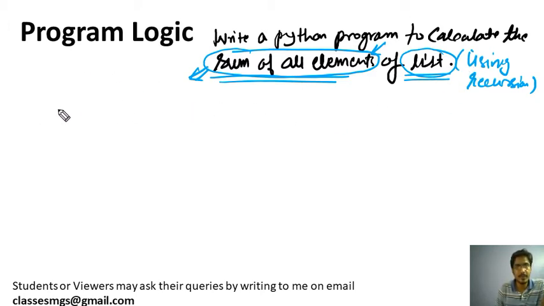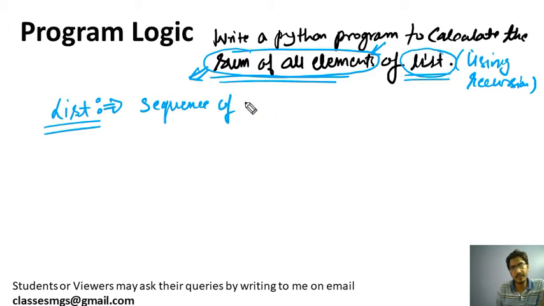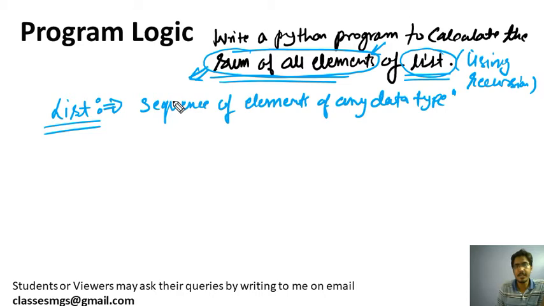Before starting, I want to clear your concept. What is a list in brief? In Python, a list is a sequence of elements of any data type.